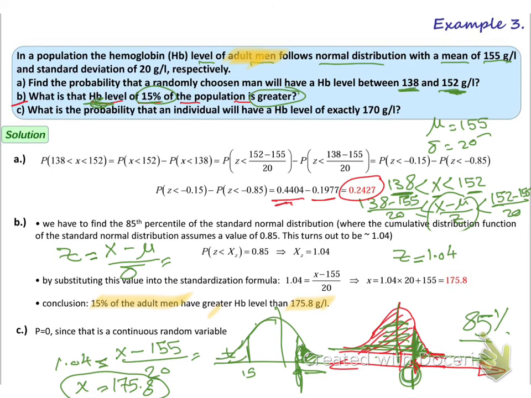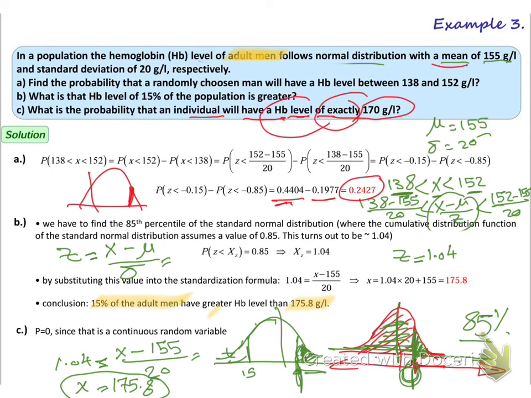Coming to question C, what is the probability? It is a little tricky, but he already mentioned it in the slide, in the theory part. What is the probability that an individual has high blood pressure of exactly 170? This normal distribution doesn't give it for individuals. It doesn't give it for the sample or for my population, but not for an individual.